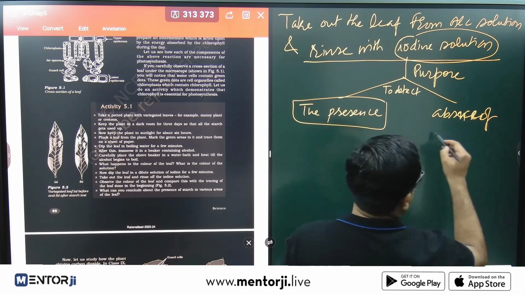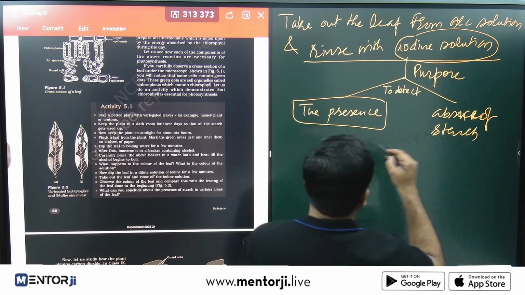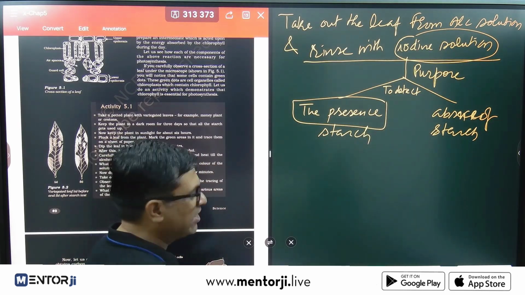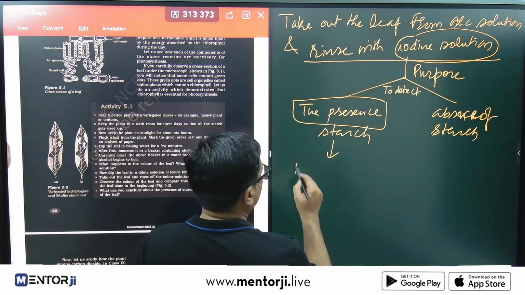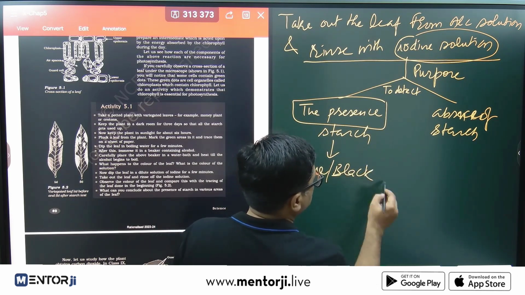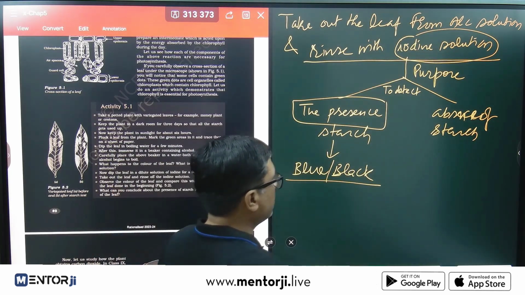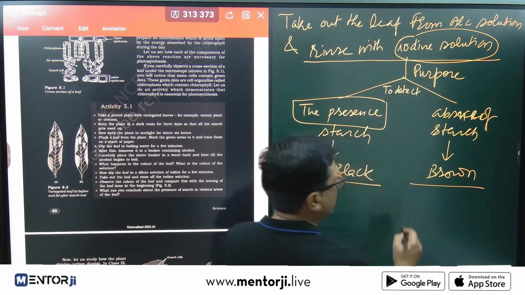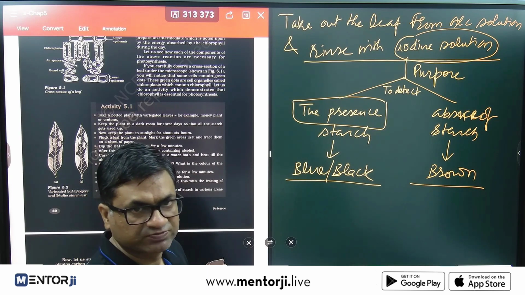If there is a blue-black color, that means the presence of starch. If there is a brown color, hence there is absence of starch.